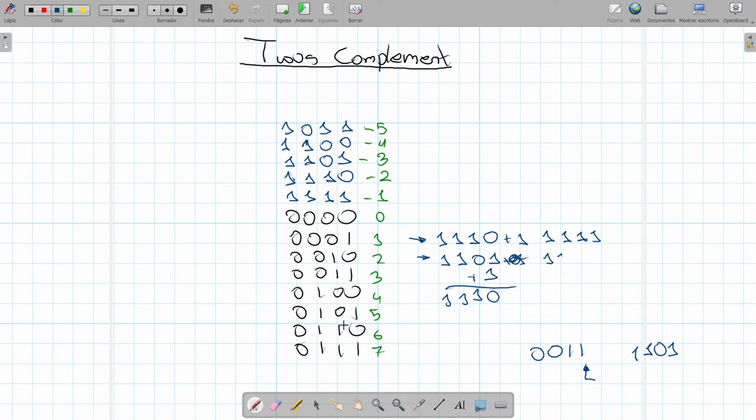Let's go on with the rest. -6, the first one, we copy everything from right to left until we find the 1, and then we change everything else. And then on number 7, the same thing. We change everything else.